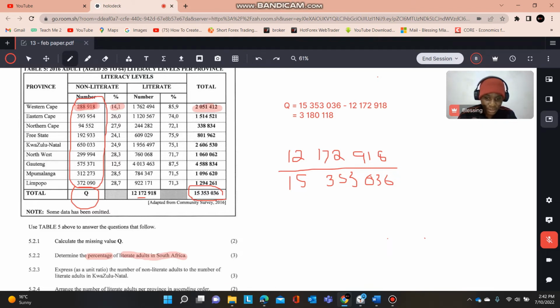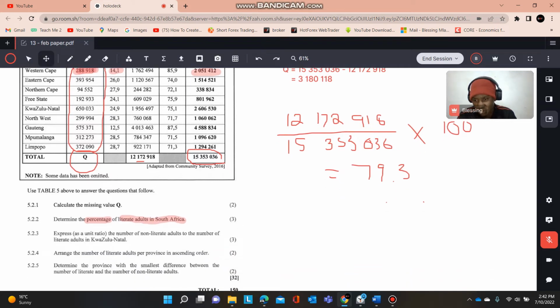Out of this total number, this much are literate. So you take the number of literate over the total number of adults in South Africa, multiply it by 100, and then you get your percentage. You'll get 79.3, right? So that's your percentage of literate adults in South Africa.